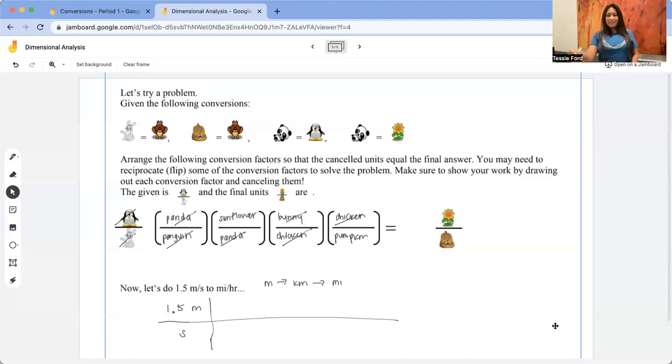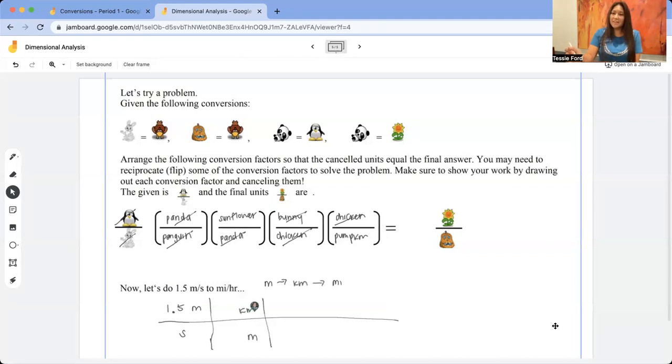Okay, so meters, again, units first. So we want to cancel meters. Where does it go? Since meters is on the top, then to cancel, we put it on the bottom. Meters. And we know that meters goes into kilometers. So kilometers on the top.